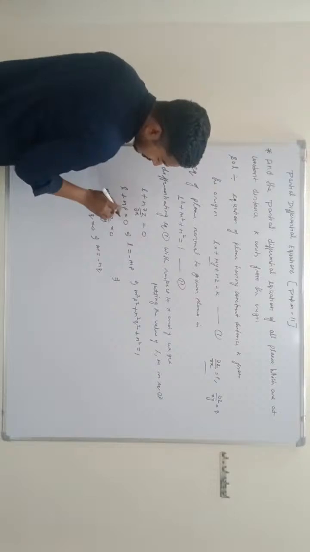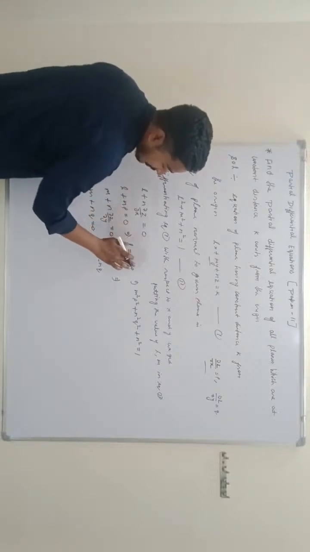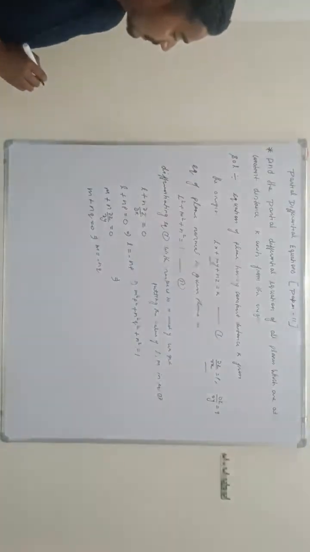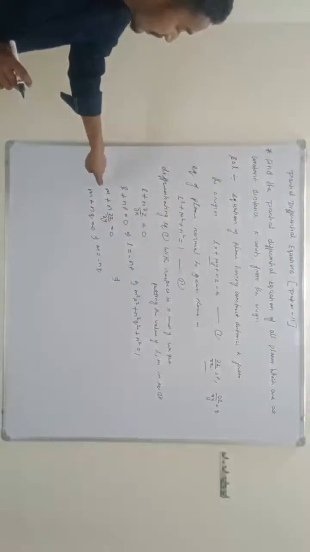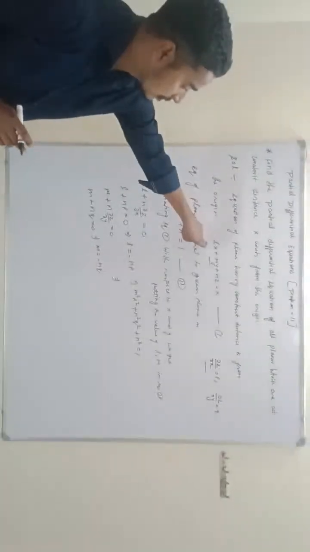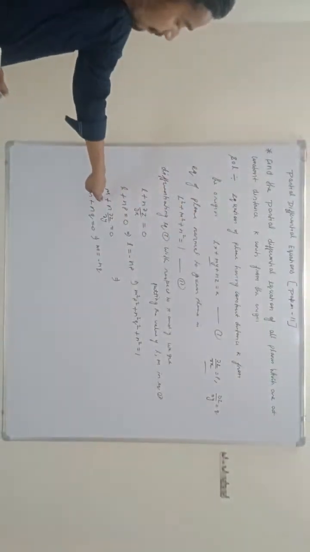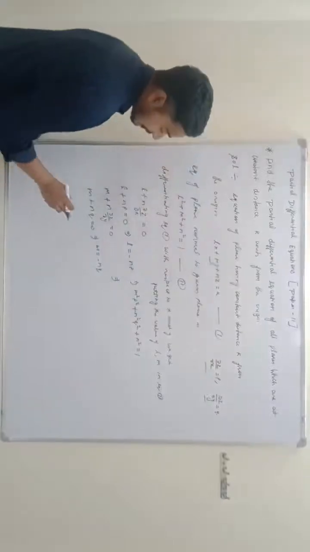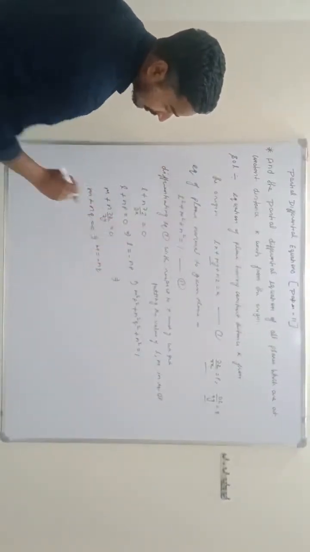This gives L = -NP. Further, differentiating equation 1 with respect to y, taking x as a constant, we get M + N ∂z/∂y, and ∂z/∂y is given by q. So M = -NQ.